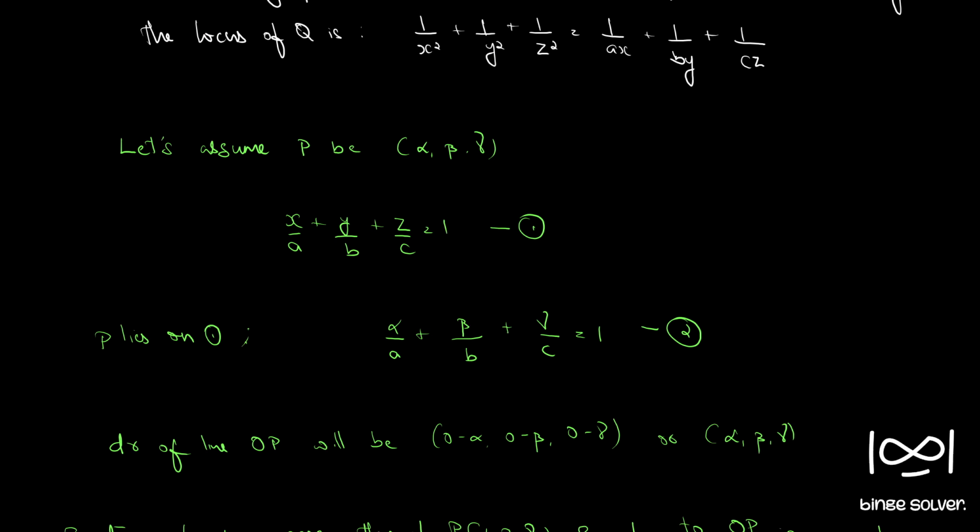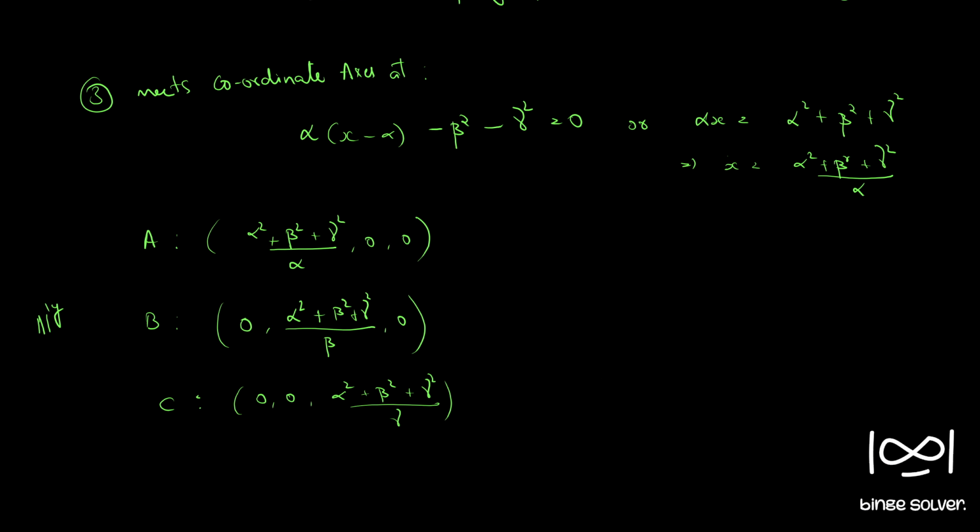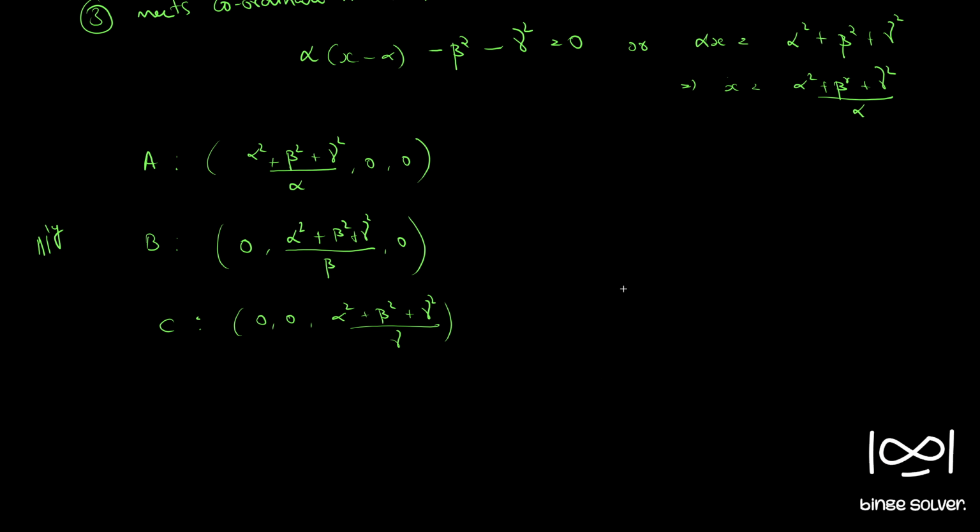Now we need to find the planes through A, B, C parallel to the coordinate planes. Earlier we did discuss this. If we have a point A, a, 0, 0, and draw a plane parallel to the yz plane, such a plane will have equation x equal to a.